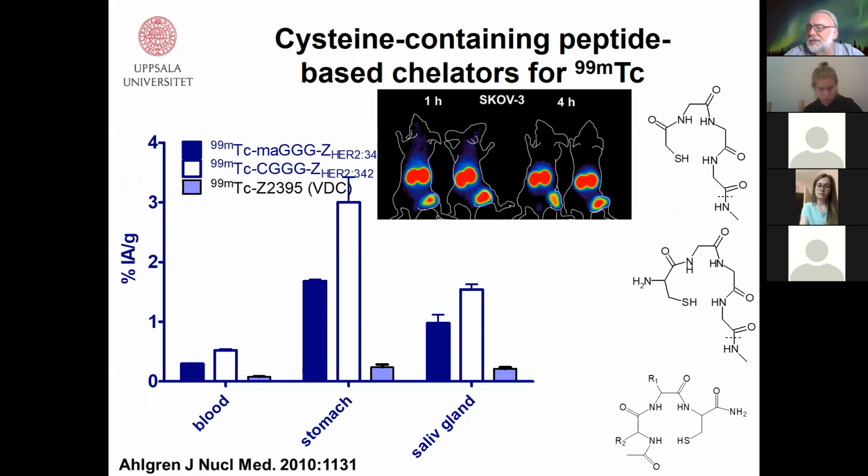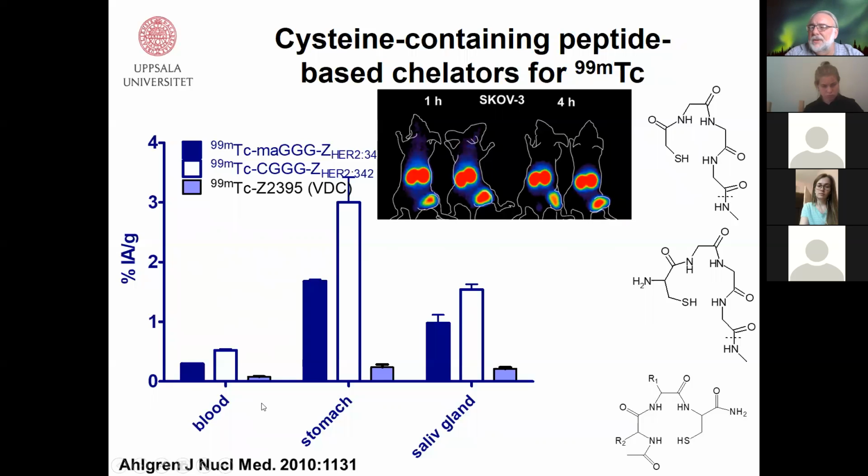So we decided to check it, and we ran a comparison between mercaptoacetyl affibody labeled with cysteine, glycine, glycine, glycine, and we checked this cysteine-based chelator at C-terminus. We just simply added cysteine to C-terminus and ran labeling.